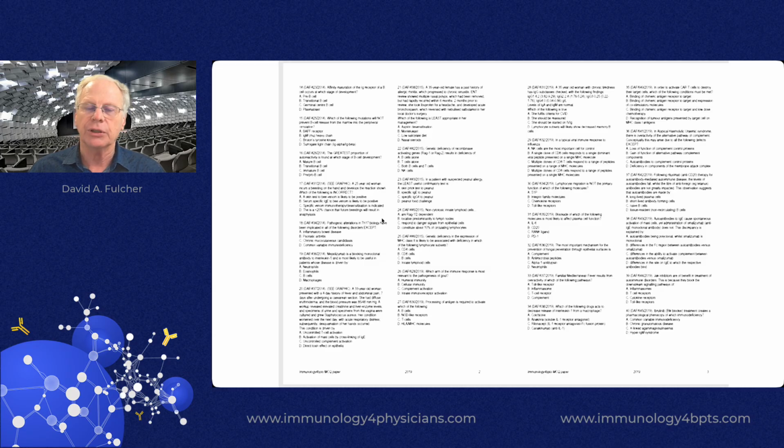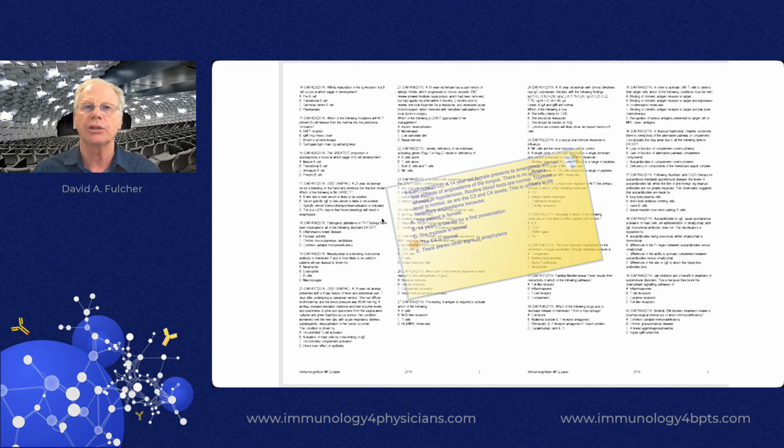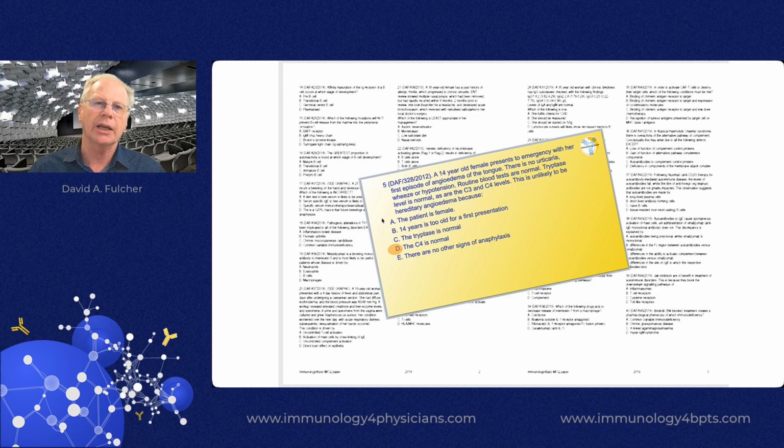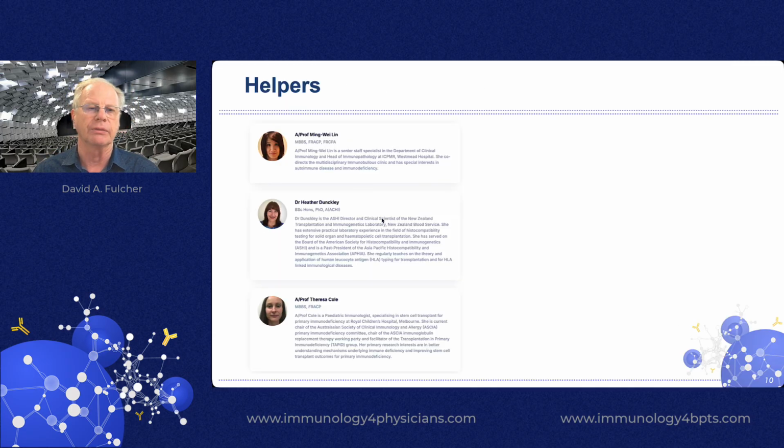After the Immunology in a Page, there's a 50-question MCQ section where I work through all the answers sequentially, and that allows you to bring everything together to make sure you've grasped the core content, as well as pointing you towards bits that you need to go back and revise.